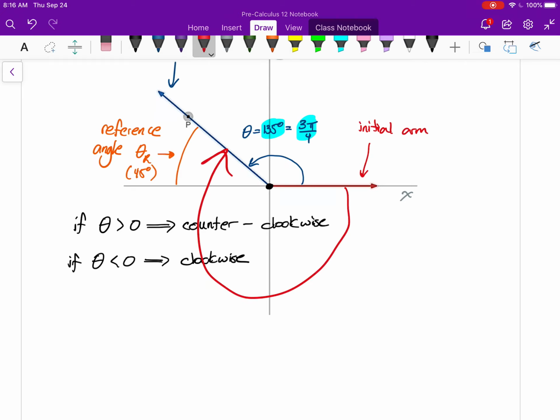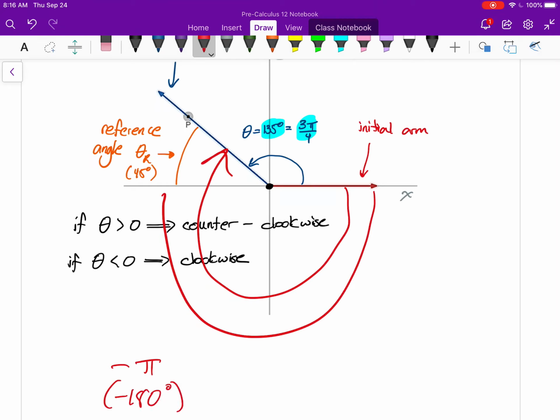How could I figure that out? Well, one way is to realize that from here to here is negative pi radians, or negative 180 degrees. And then this little chunk right here is an extra 45 degrees backwards, so another 45 degrees, or minus pi over 4. So altogether, that would be negative 5 pi over 4 radians, or negative, what would that be?